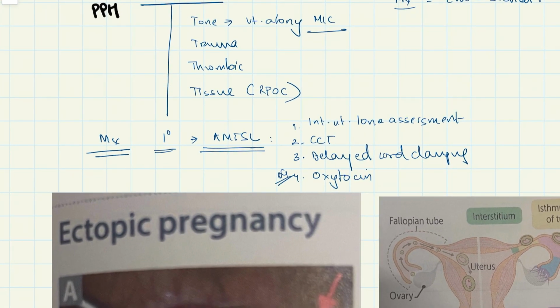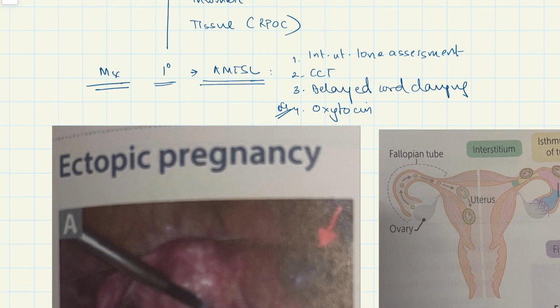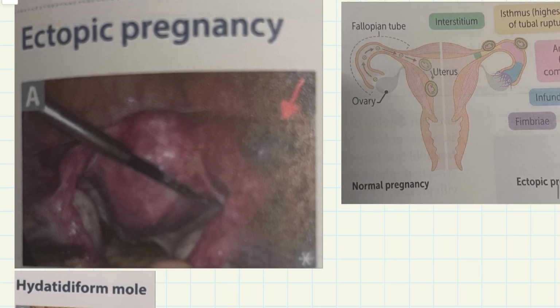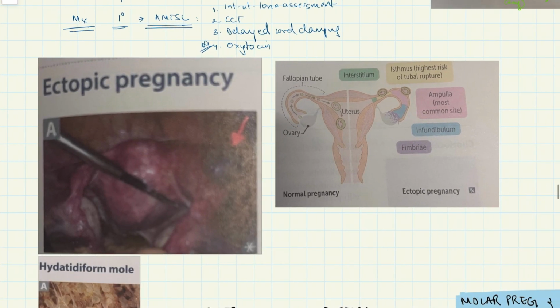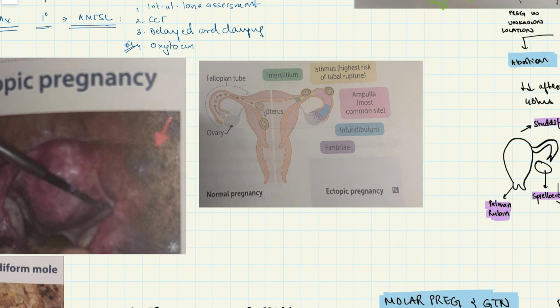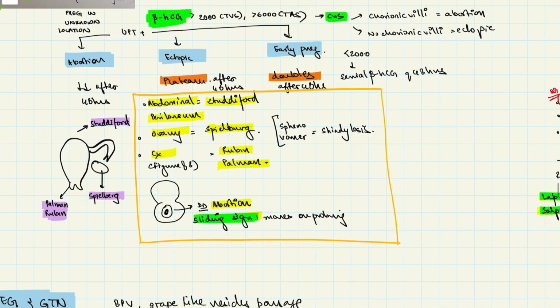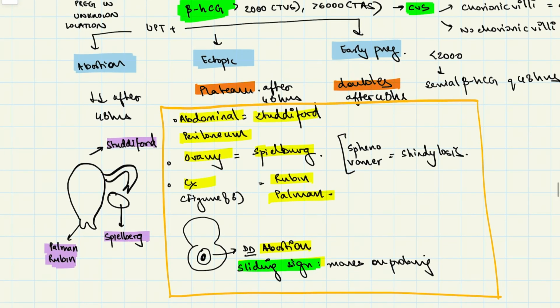The next set of complications are early trimester bleeds. So the workup in such cases includes a urine pregnancy test and a beta HCG. For UPT positive cases and beta HCG more than the critical titer, which is again very important, the critical titer of beta HCG on transvaginal ultrasound is more than 2000, while on transabdominal ultrasound it is more than 6000.